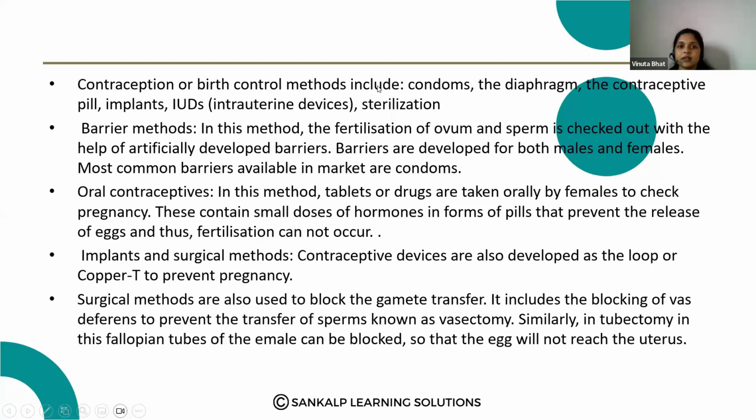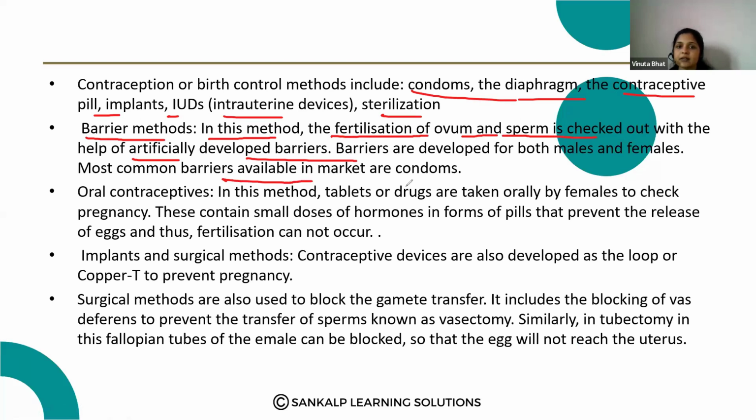Contraception or birth control methods include condoms, diaphragms, contraceptive pills, implants, IUD, and sterilization. The first method is the barrier method. In this method, the fertilization of ovum and sperm is prevented with the help of artificially developed barriers. Barriers are developed for both males and females.